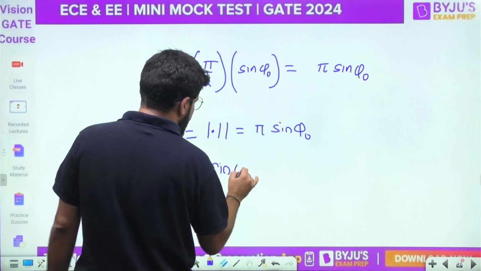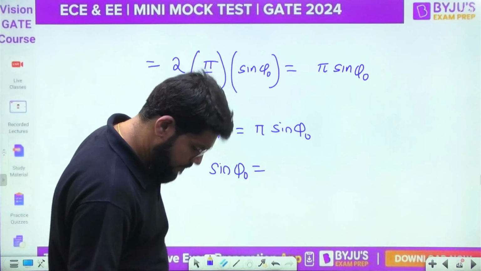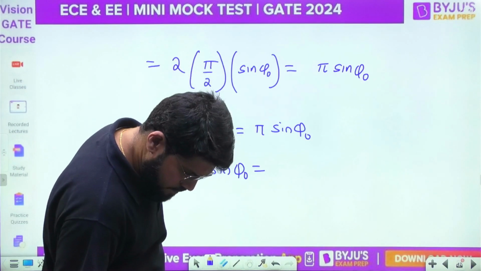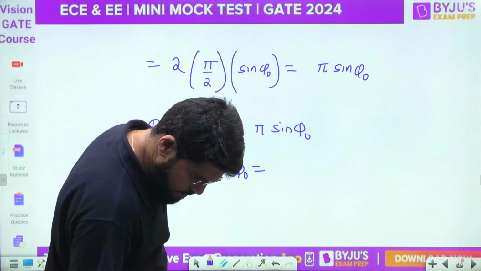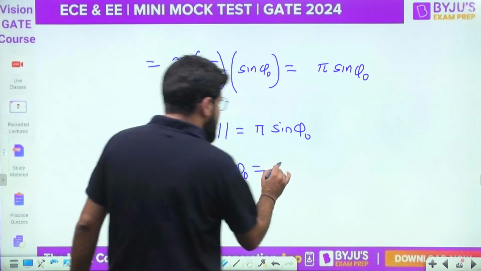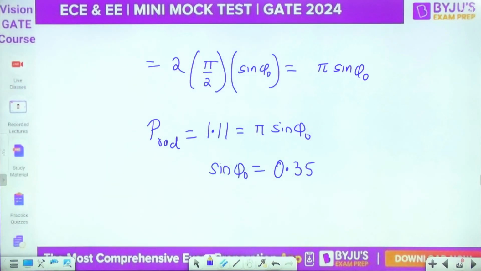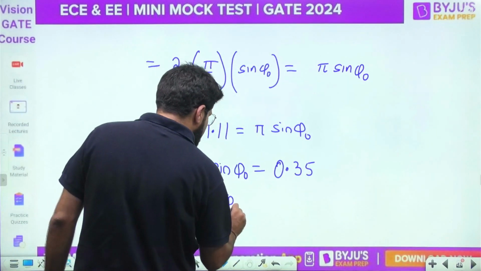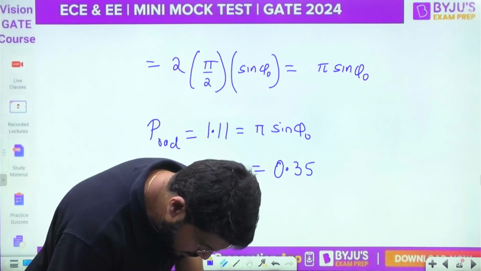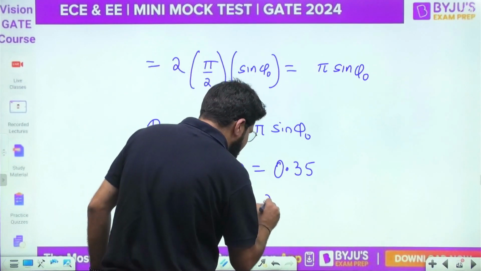So first of all, let me write down what the value of sin phi naught should be. That is approximately 0.35. So what is the value of phi naught? Take the sine inverse of this, and you get 20.69 or 20.7.